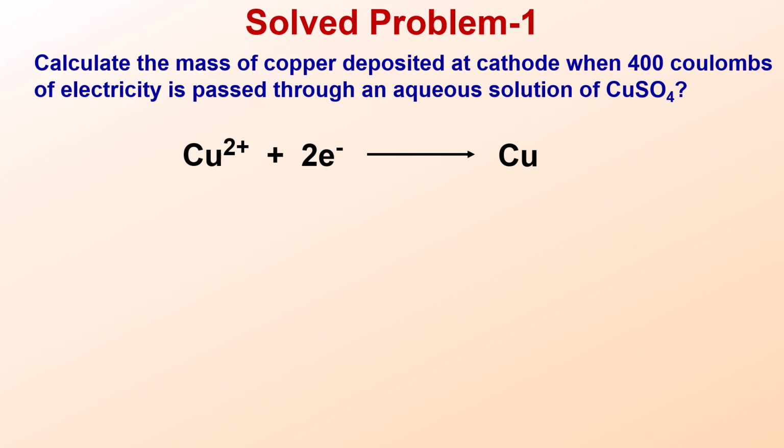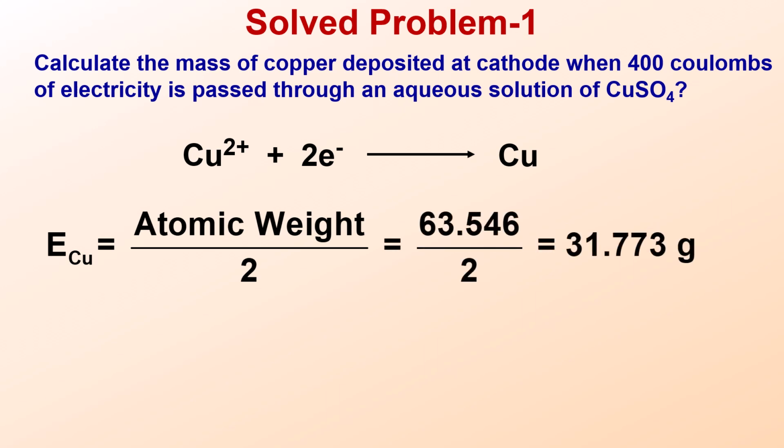Therefore, the valency of copper is 2. Hence, the equivalent weight of copper is given by atomic weight divided by 2, that is equal to 63.546 divided by 2.